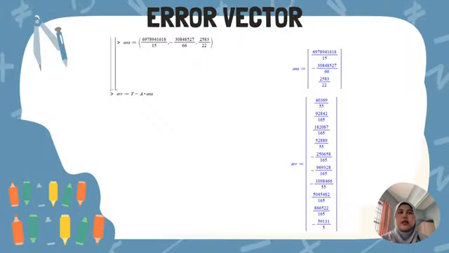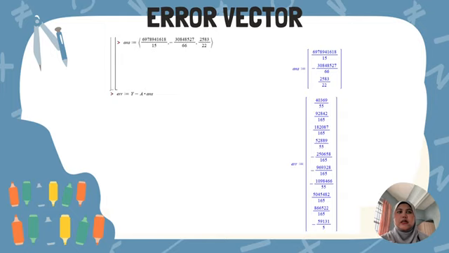The error vector calculation will first define the solution vector, denoted as n. This vector holds the estimated coefficients we previously found. The Maple command to define n is shown on the slide, and the resulting column vector is displayed on the right. Next, we calculate the error vector itself.